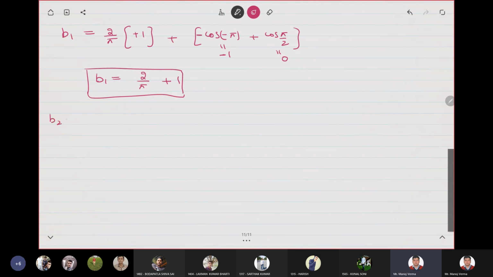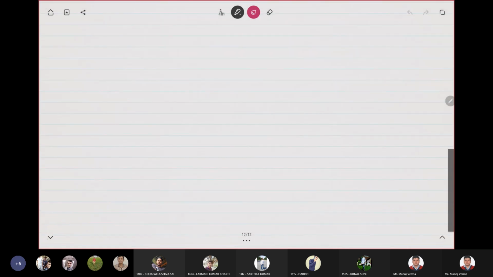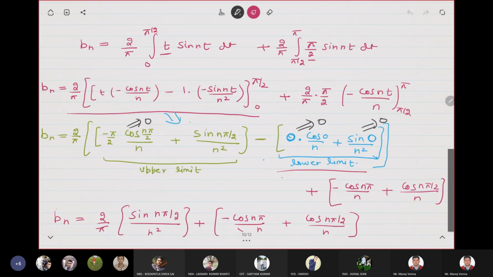Similarly, we can also calculate the value of b2, which will be 2 by pi. This term actually we should not ignore because n will change: minus pi by 2 cos n pi by 2 divided by n plus.